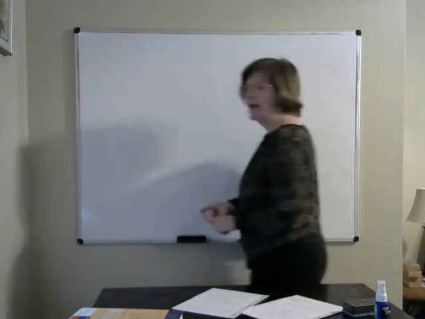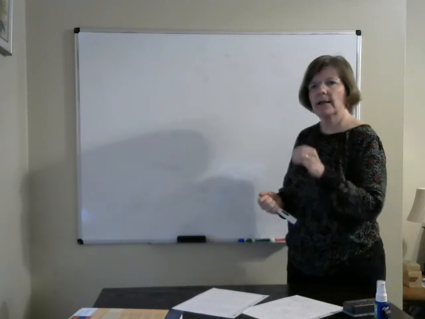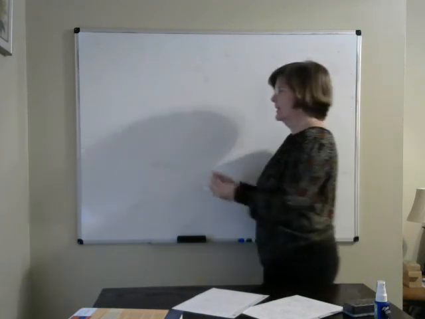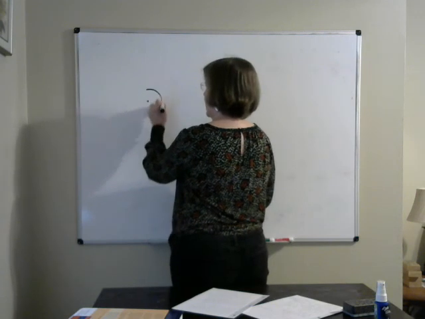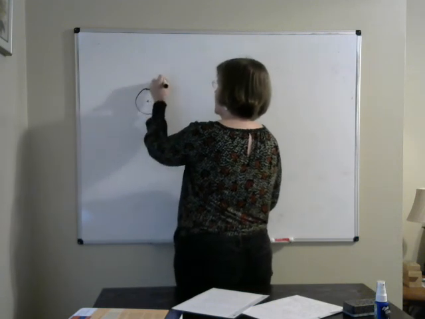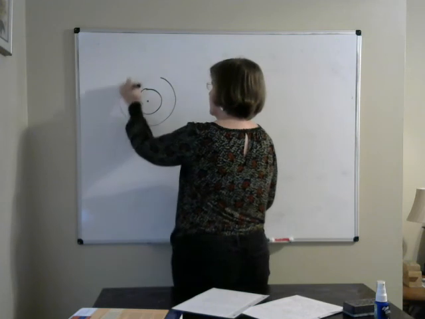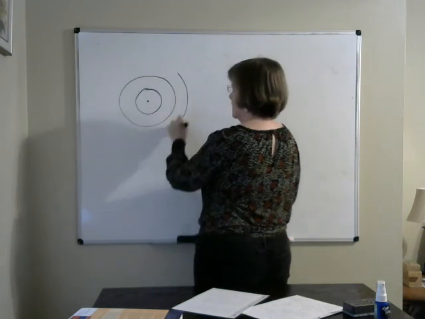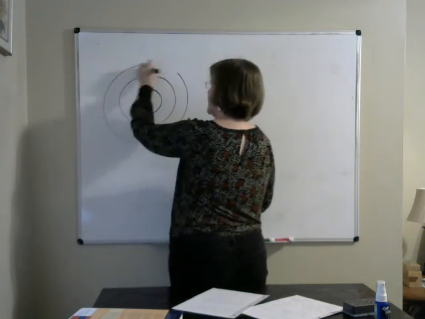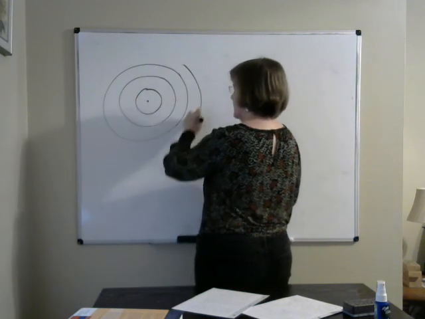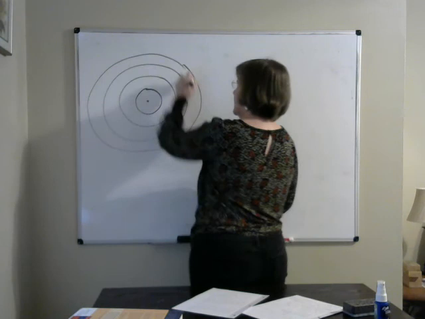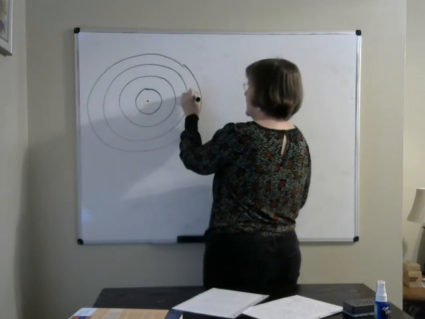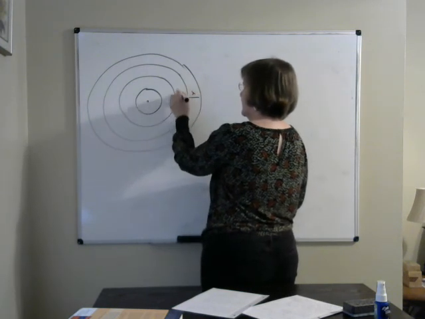If I have a pond and I drop a rock in the middle of the pond, it will set up waves that move out in concentric circles. We can think of each of these being a crest. And this distance from here to here would be a wavelength each time.